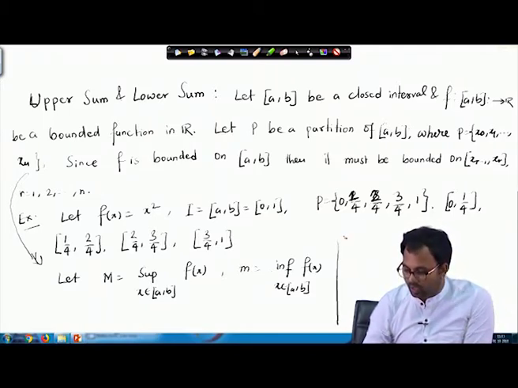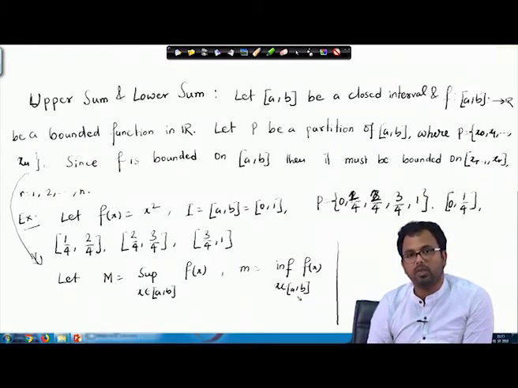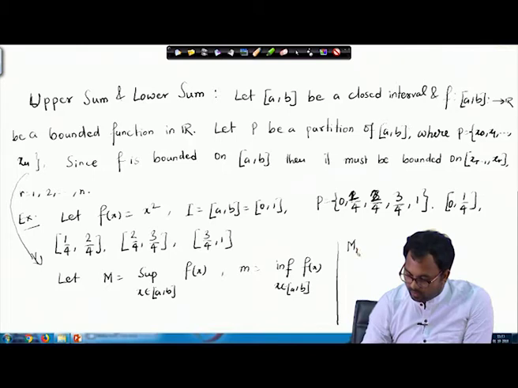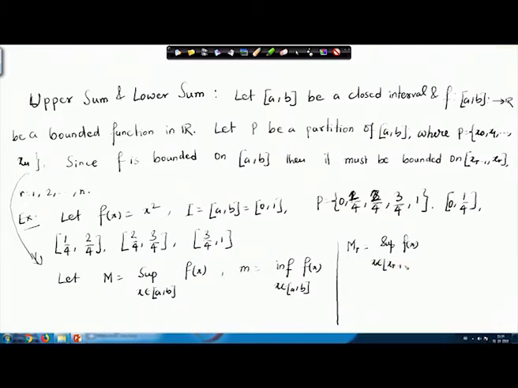Similarly, for these subintervals [xr minus 1, xr], we define capital Mr as the supremum of f(x) for x in [xr minus 1, xr], and small mr equal to the infimum of f(x) for all x in [xr minus 1, xr], where r is running from 1, 2, 3 up to n. All right.